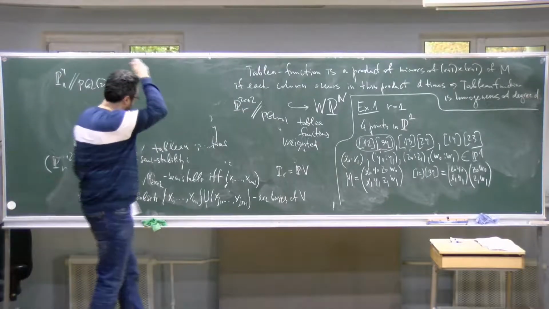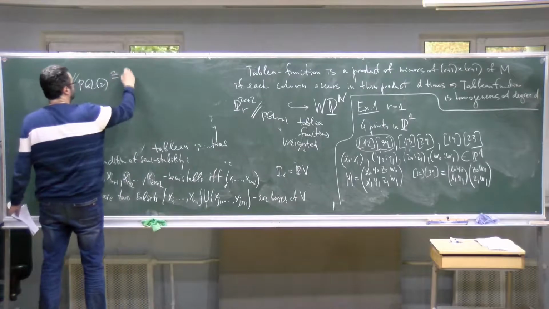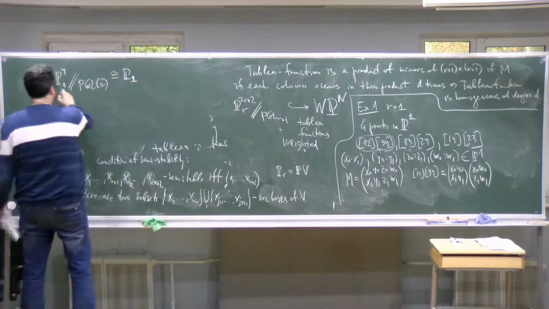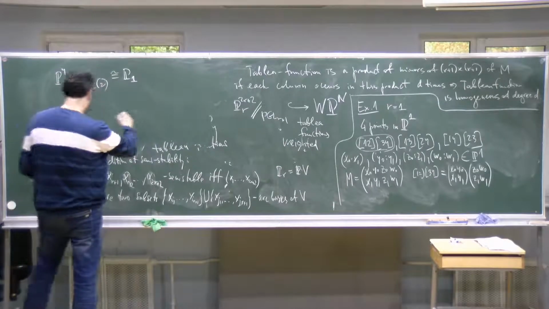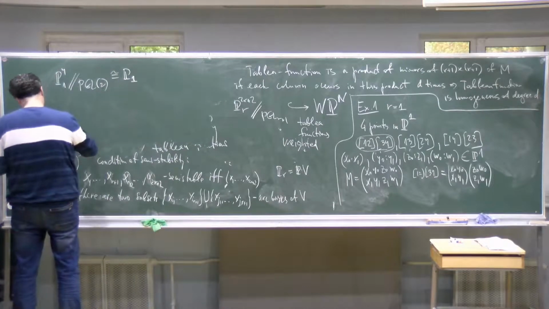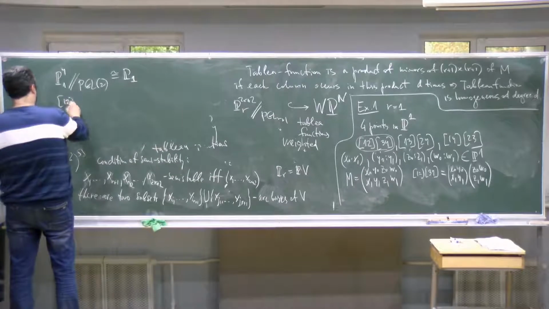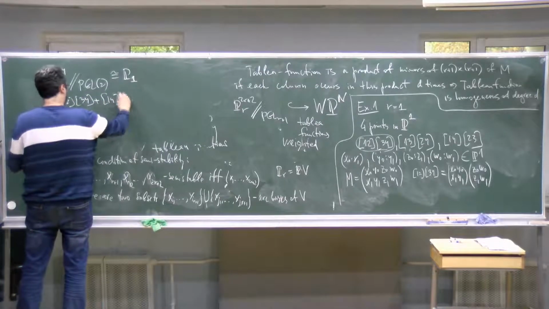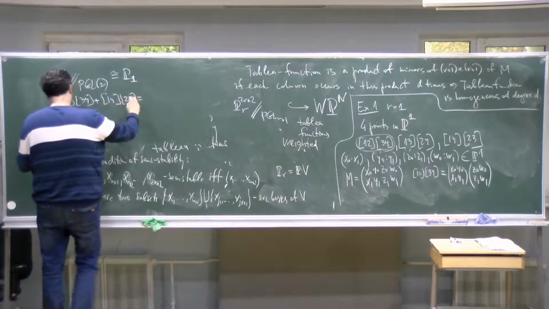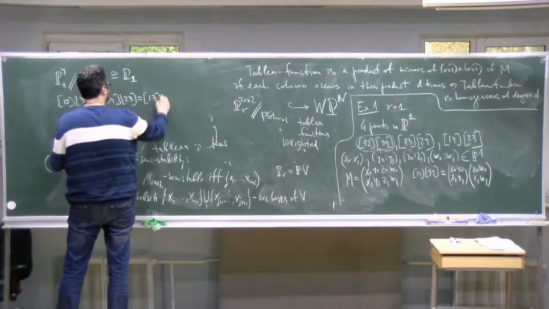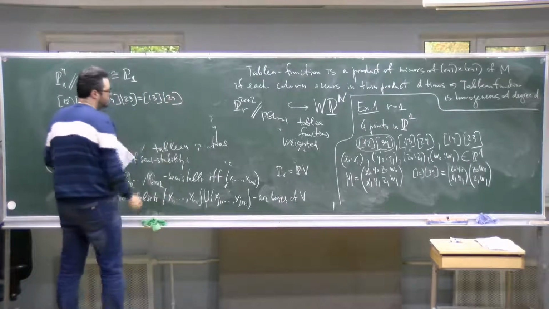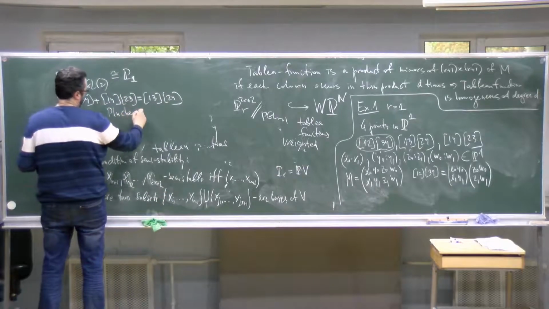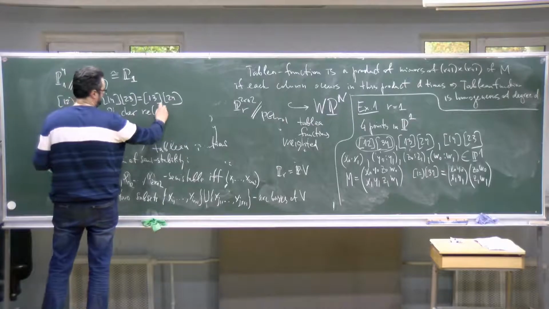This GIT quotient is isomorphic to P^1, and we have the following condition on this tableau function. It's a Plücker condition, a Plücker relation.